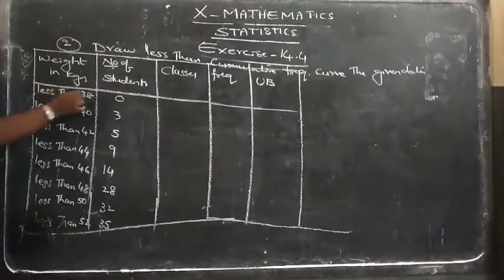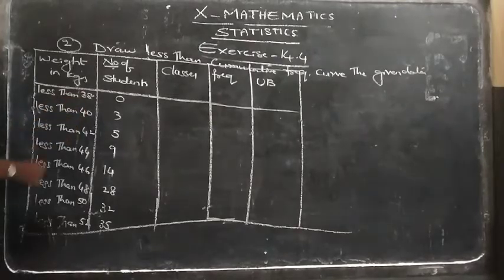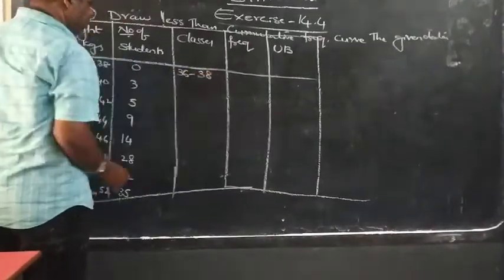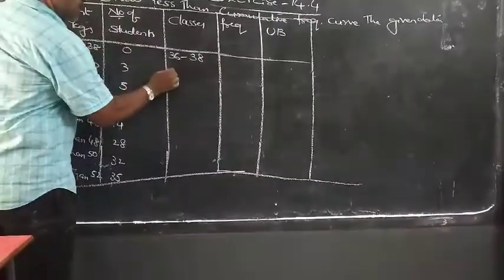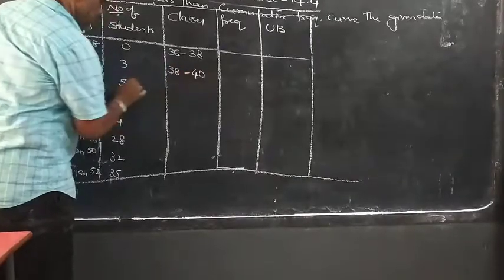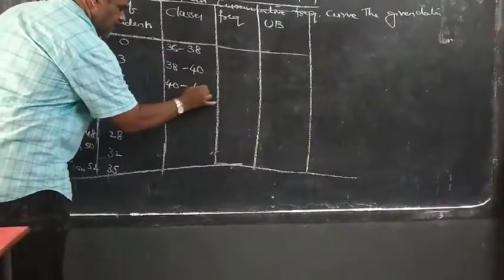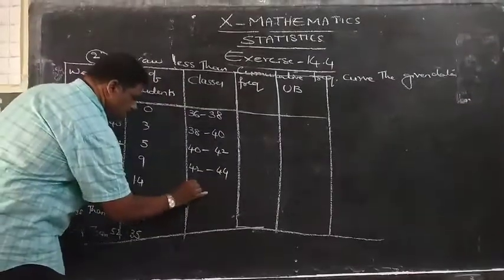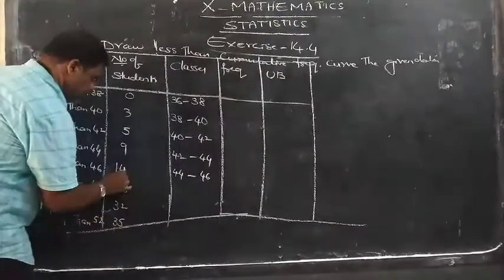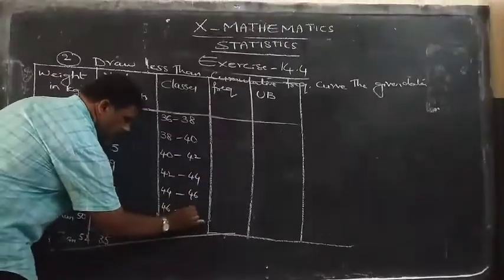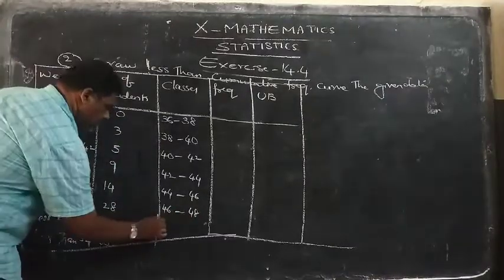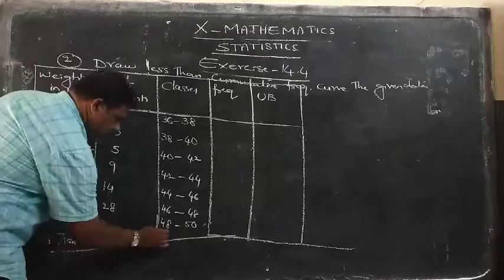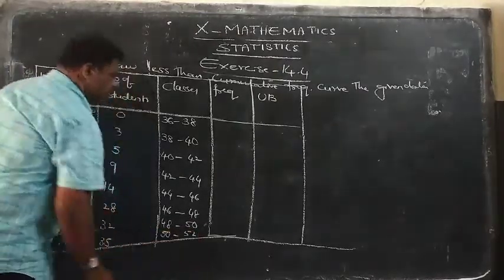Now less than 38, less than 40, there is a difference of 2. So we can start the classes like this. 36 to 38, less than 40, 38 is covered here. 38 to 40, this is 40 to 42, 42 to 44, this is 44 to 46, 46 to 48, 48 to 50, next 50 to 52.